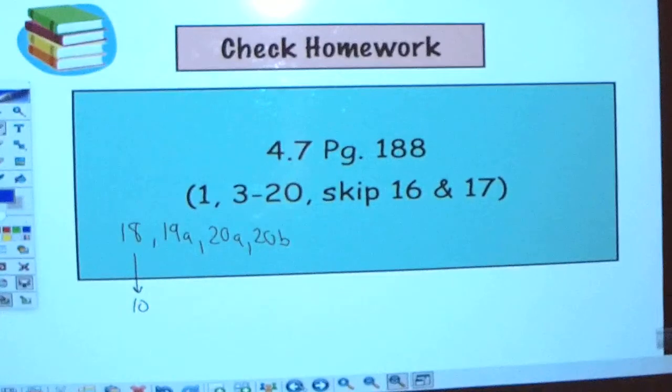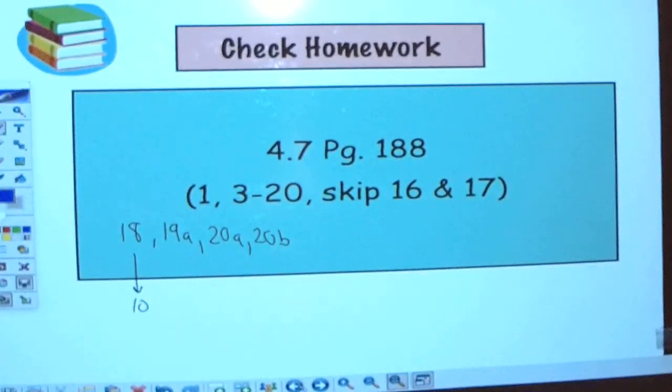Number 6, y minus 0 equals negative 2/3 times x minus 3.